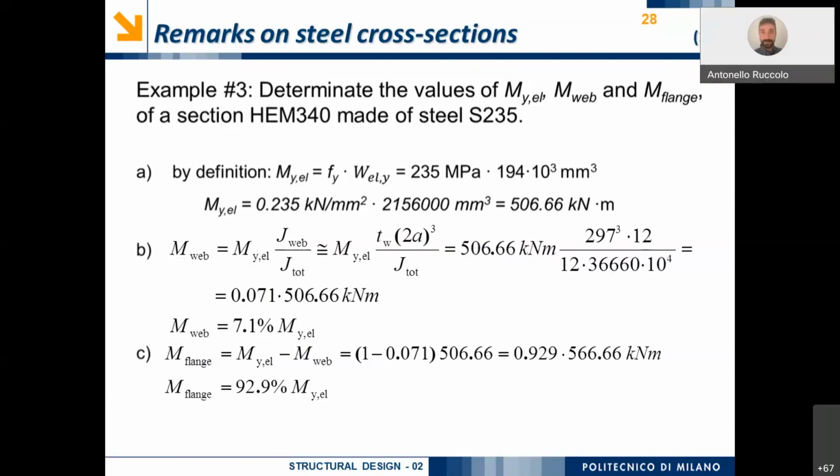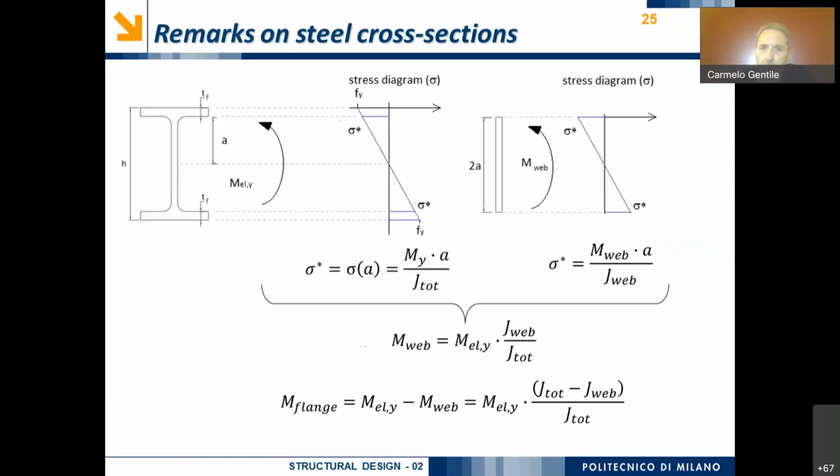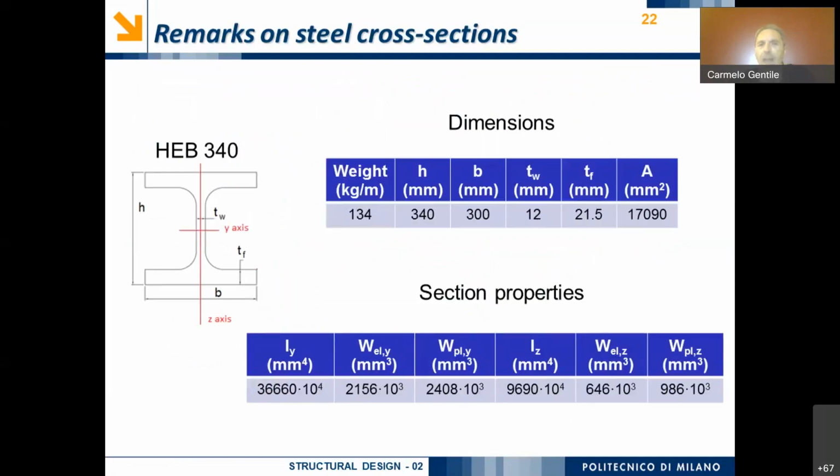Okay. Yeah. So I briefly comment, for example, on the cross section HEB 340. From the classic dimension of a profile, let's go back to the HEB 340. We can remember that 340 is nothing more than the overall height of this cross section.